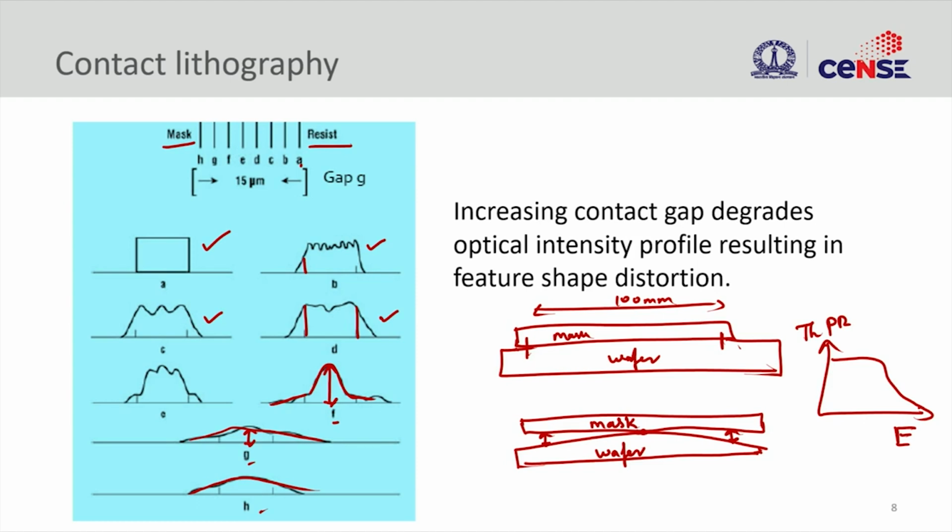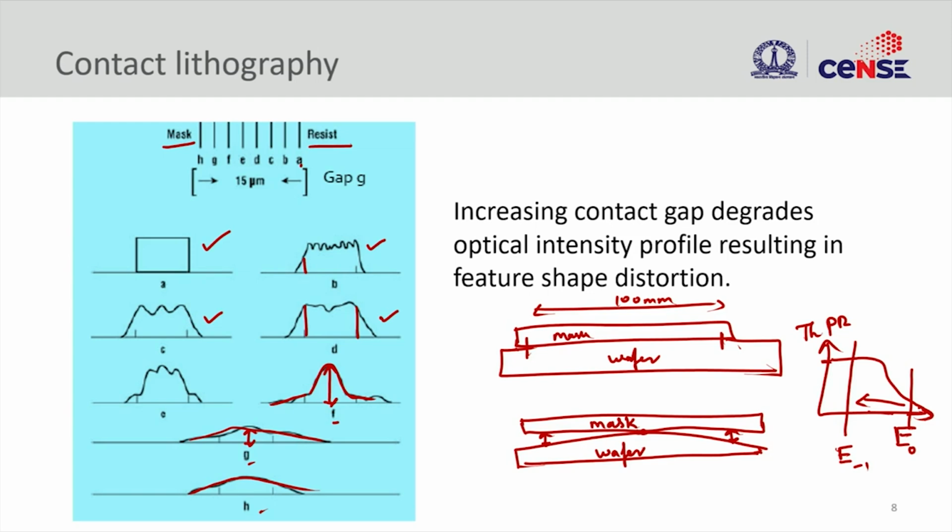If the energy is too low, so actually I want the energy to be large enough so that I can clear all the photoresist. But now because of this proximity, I am moving away from the contact region here, my intensity is also reducing. So now I am in this position. According to this contrast curve, I cannot expose the photoresist at all.